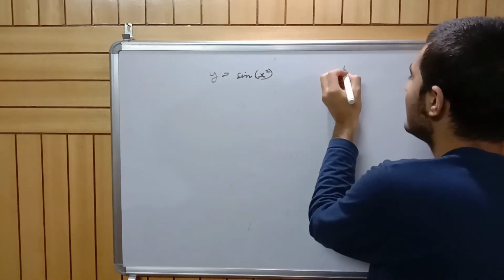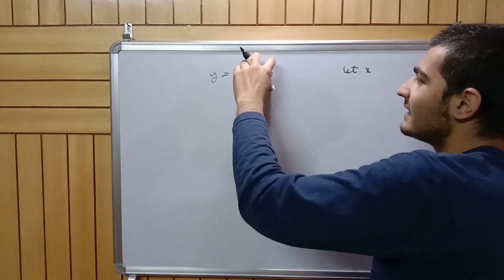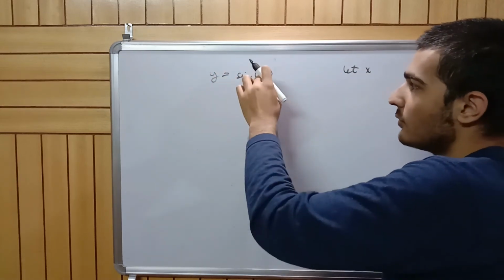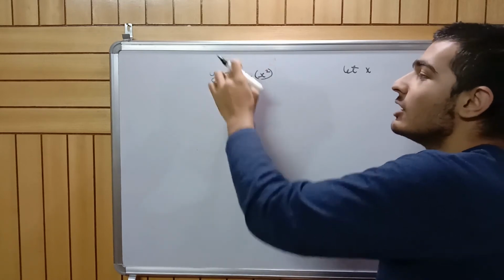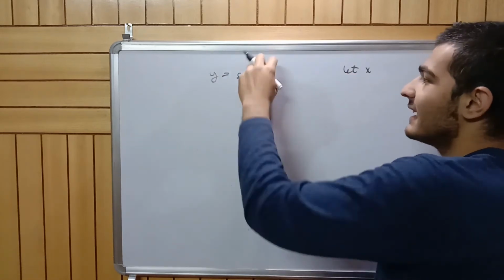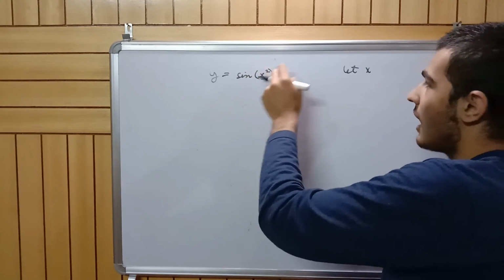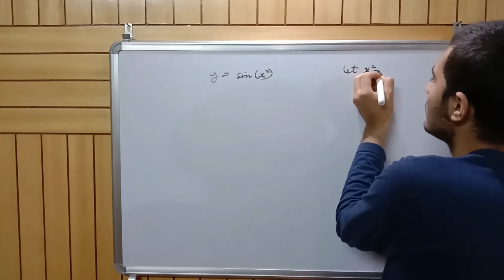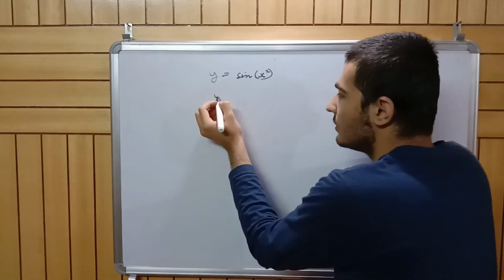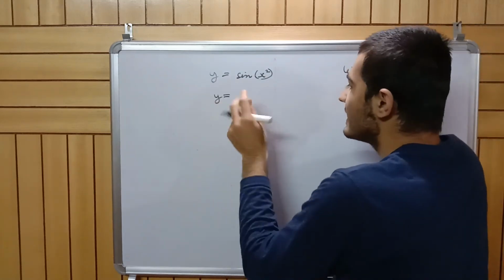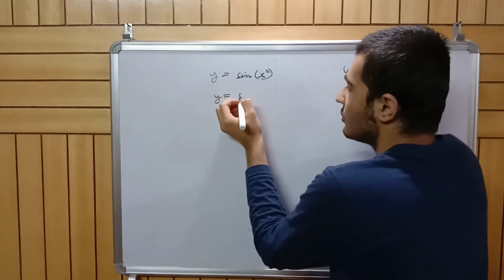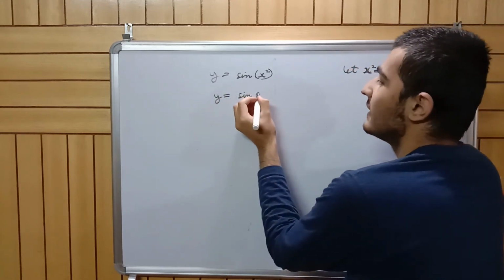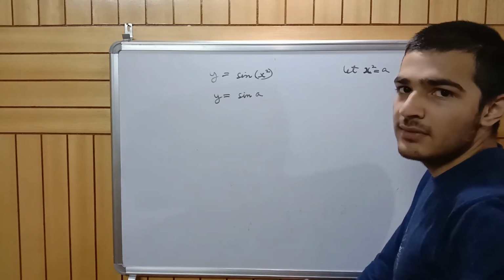But we can actually let the whole complicated thing be a variable. Here this function looks like a two-step function, right? First we have to square the number, then take the sine of it, and then you get y. So let the inner part be x squared equals A. I'm just going very mechanically. Sine x squared, and x squared is A, so I write sine A. Now I can find the derivative of this.